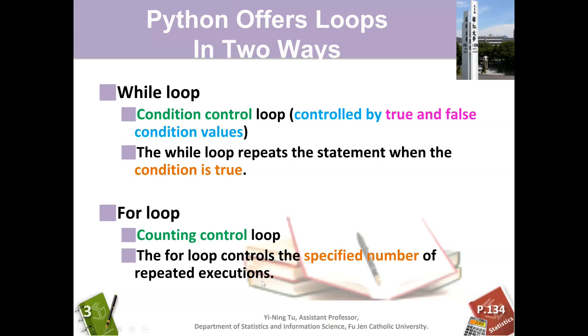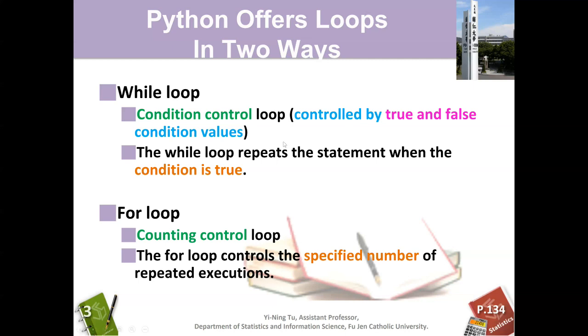So what is the main difference between these two? I will tell you now. I want you to memorize that. When you don't know how many times you have to do something, you never know. For example, when we want to guess a number from 1 to 100, we don't know how many times the user will take to guess exactly the number.